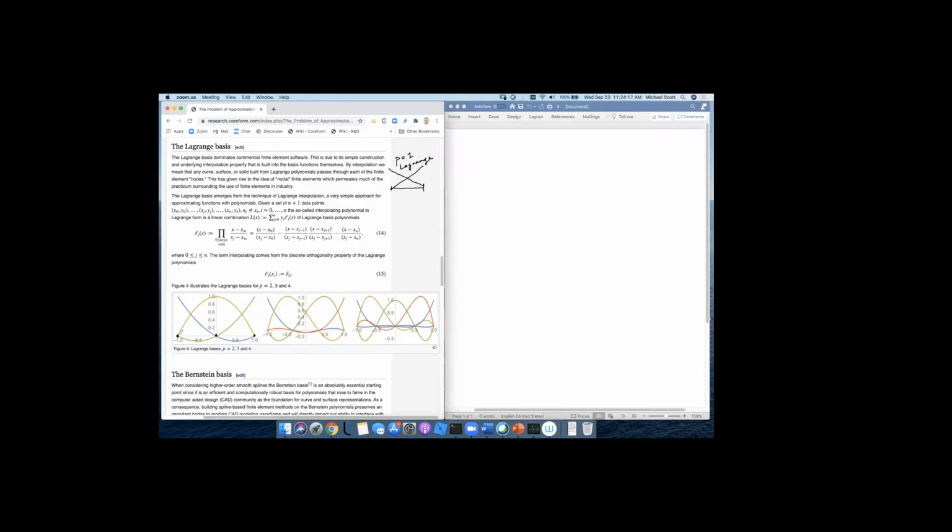Notice that at -1, there's only one function that's non-zero, it's this guy, and its value is 1, right? And then you come over to this point, and again, there's only one function that's non-zero, it's this guy, and its value is 1, and so on.